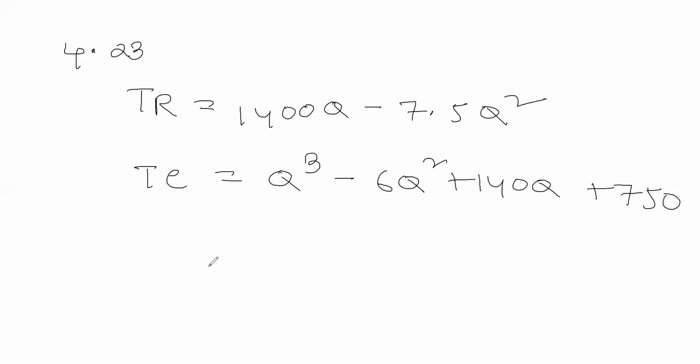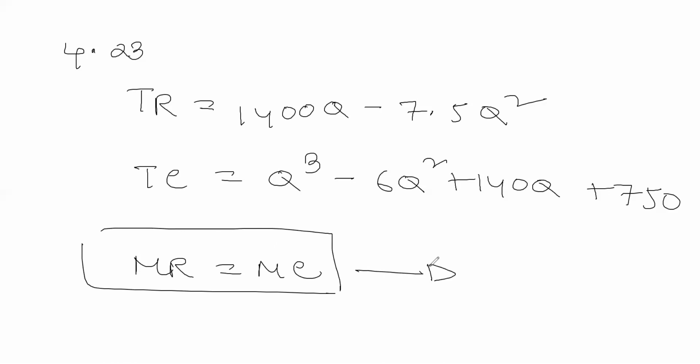It has also asked to use the marginal concept to solve for the critical value. That means it has asked us to use the condition MR is equal to MC to solve for the optimal Q. What is this optimal Q? This Q will determine at what quantity profit is maximized.